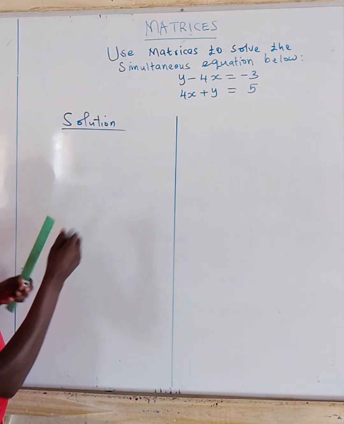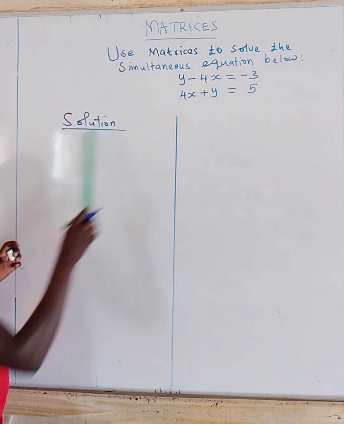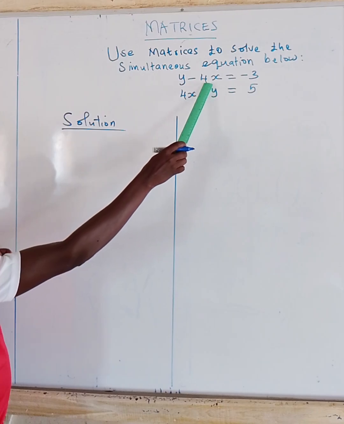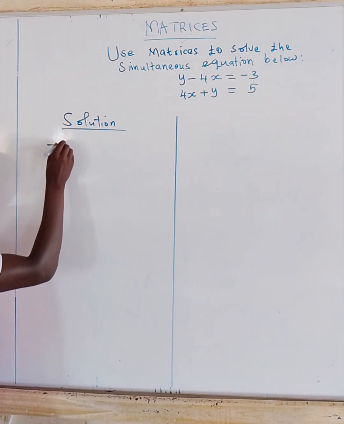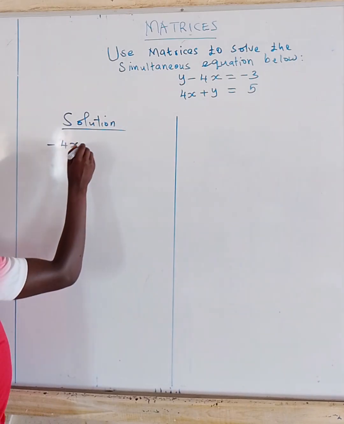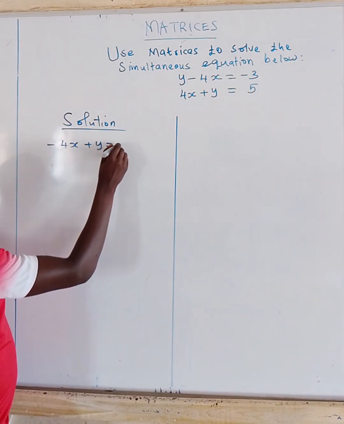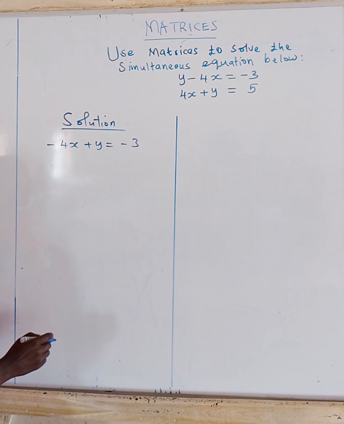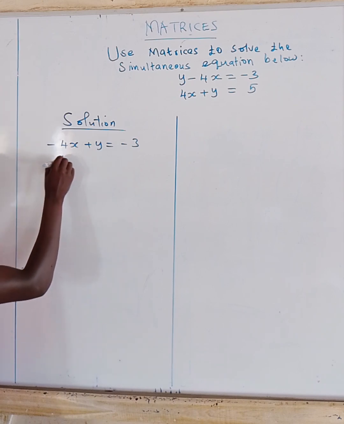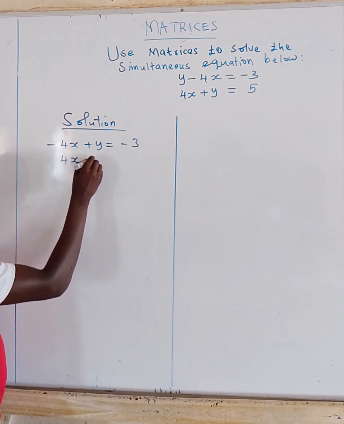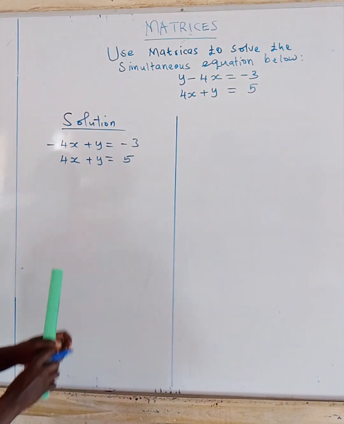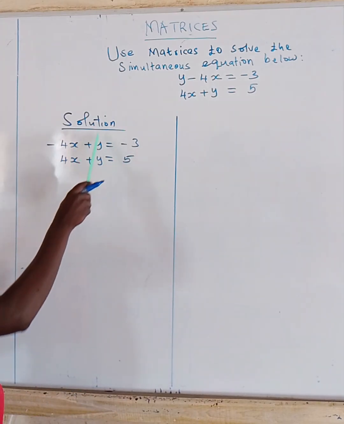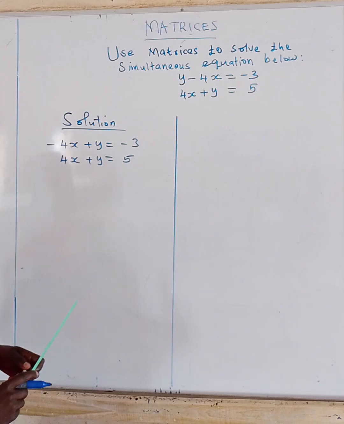We shall rewrite the first equation, y minus 4x, beginning with negative 4x, so that it will be negative 4x plus y is equal to negative 3. And then the second equation is 4x plus y is equal to 5, so that the x's are in the same position while the y's are in the same position.